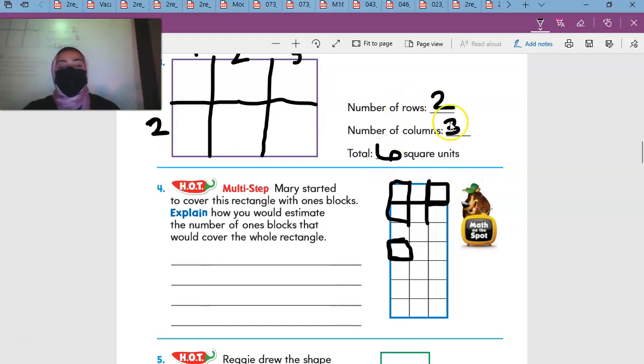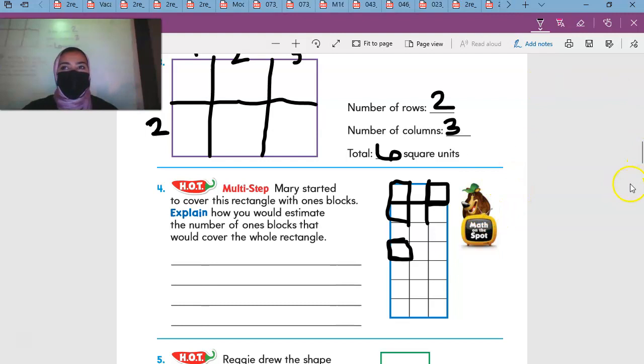Very good. So Mary started to cover this rectangle with ones blocks. Explain how you would estimate the number of ones blocks that would cover the whole rectangle. So we're going to write down how many ones blocks she used to cover the whole rectangle. It says the whole rectangle.